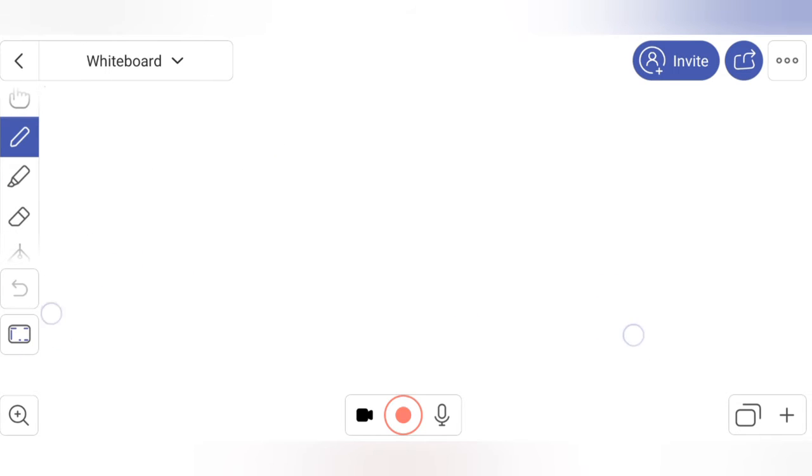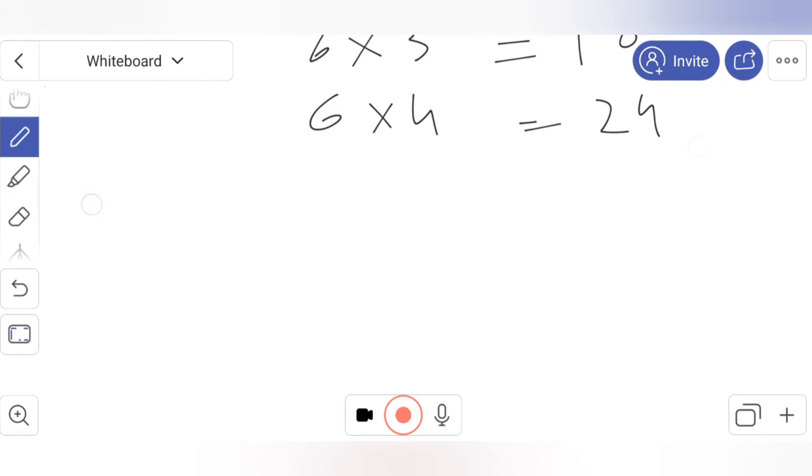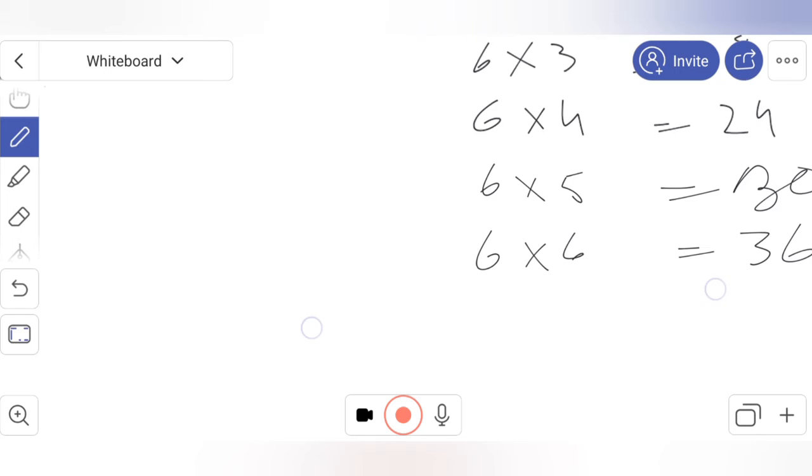Okay, let me write down the table. 6 1 is 6, 6 2 is 12, 6 3 is 18, 6 4 is 24, then 6 5 is 30, then 6 6 is 36.